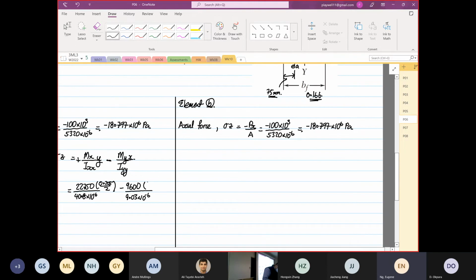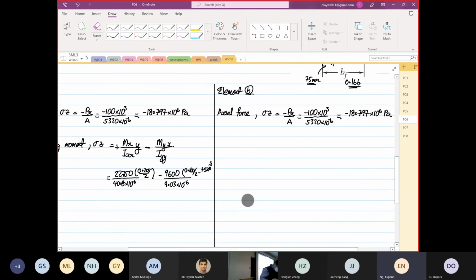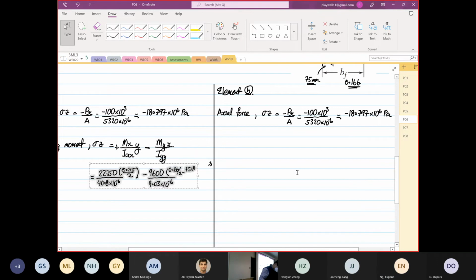So it's equal to 0.166 divided by 2 minus 75 times 10 to the power minus 3. Oh, this is very bad. I do apologize. Let me move it a bit. Come on, Eugene, come on, seriously.